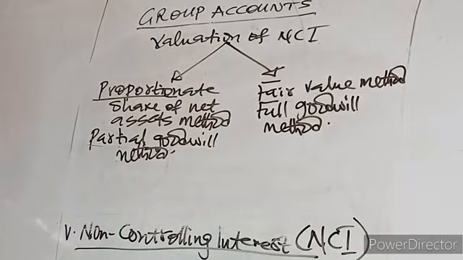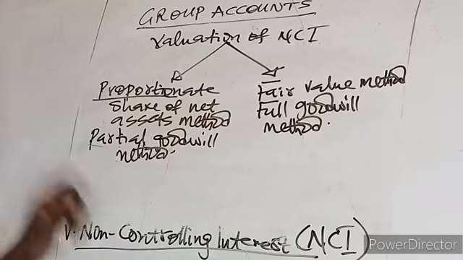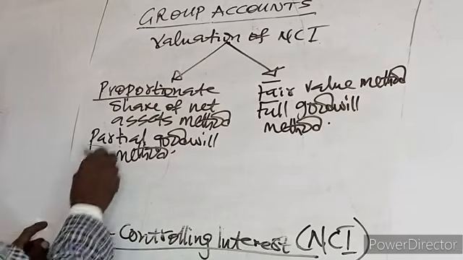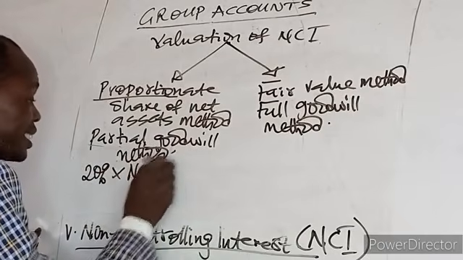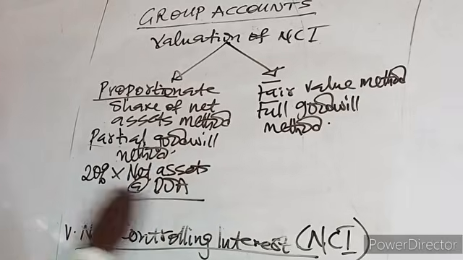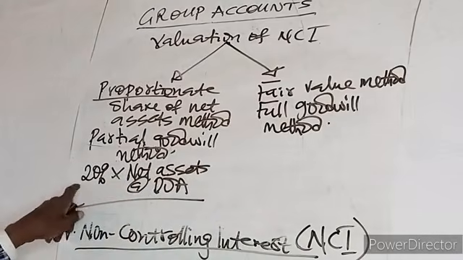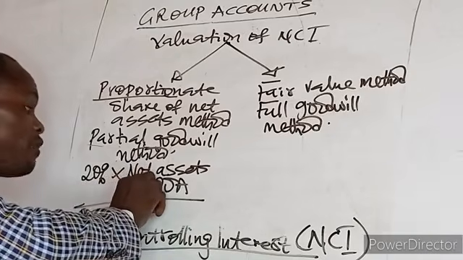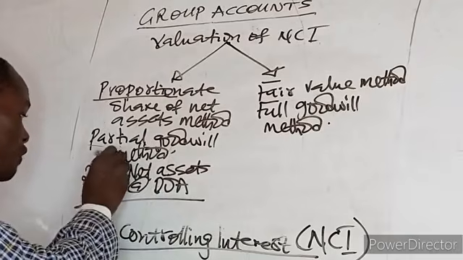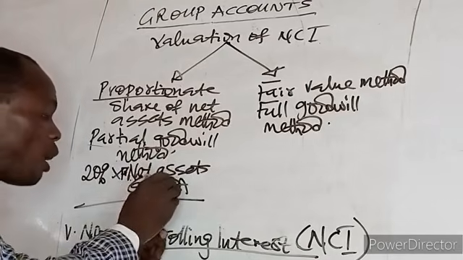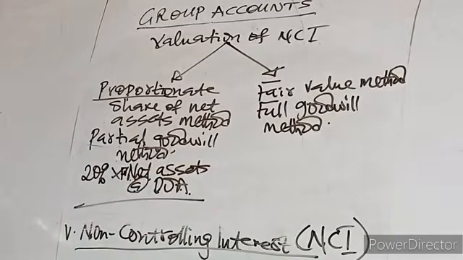If NCI is 20%, you have 20% times net assets at date of acquisition.